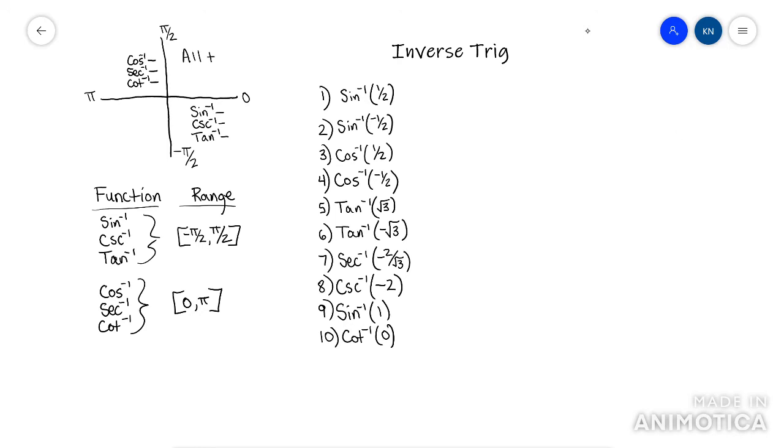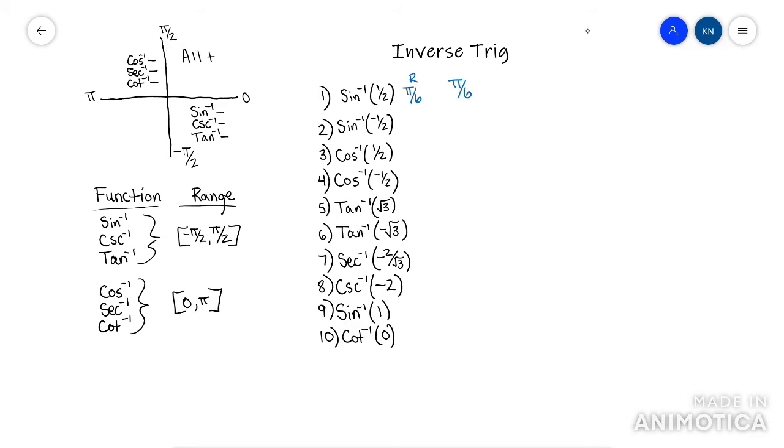All right, so arcsine of 1/2. The reference angle that gives you a sine of 1/2 is pi over 6. So since this one's positive, we just answer what that would be in quadrant 1, which would be pi over 6.